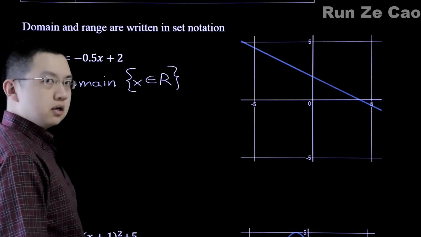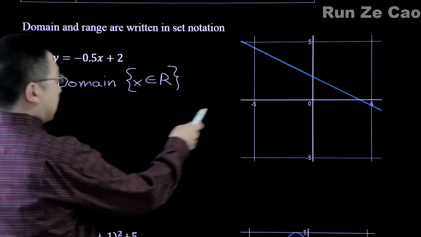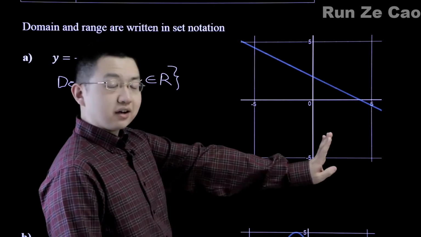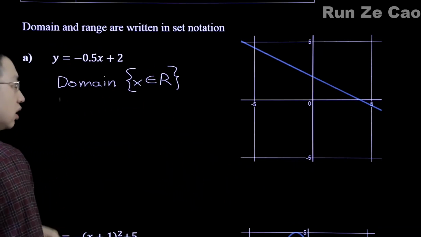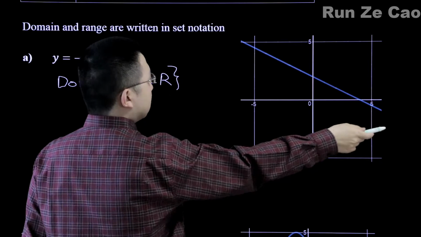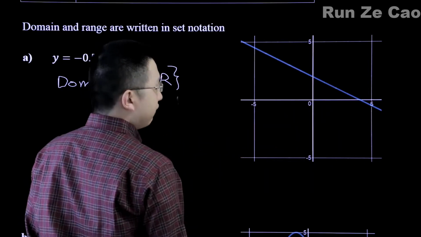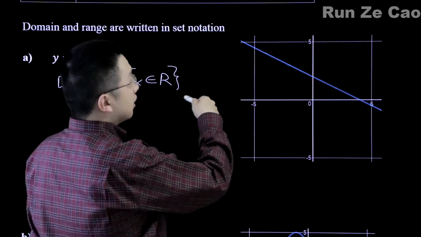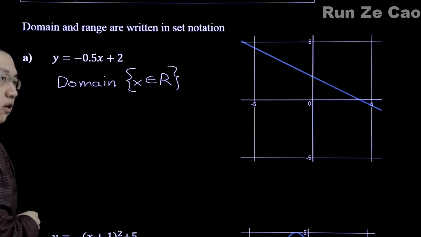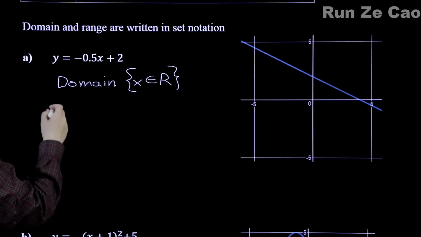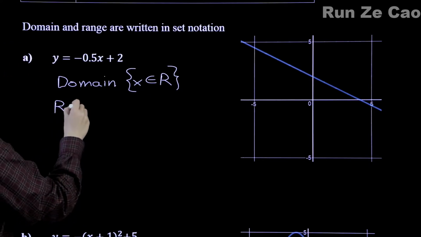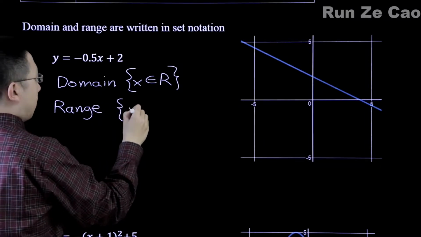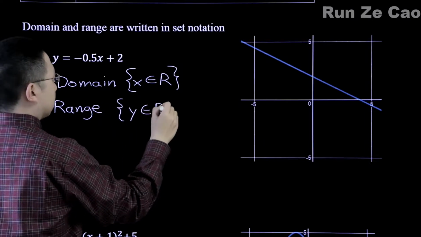And that's it. So it's literally x is a real number. So anywhere from negative infinity to positive infinity is fine for this domain. What about the range? Well, at positive infinity, this goes to negative infinity. At negative infinity for x, this goes to positive infinity for the y value. And therefore, the range is also just y is an element of the real numbers.